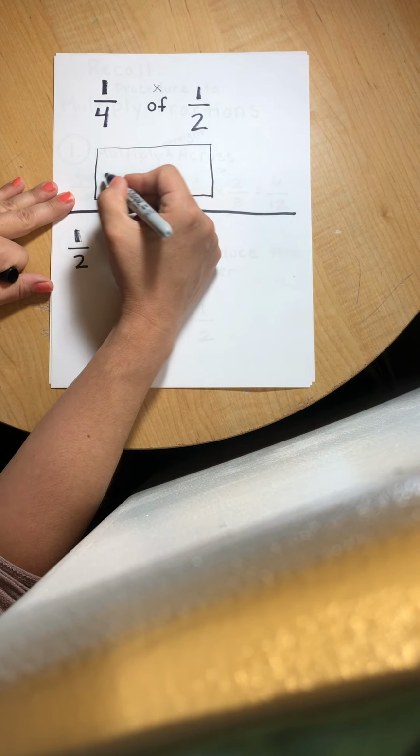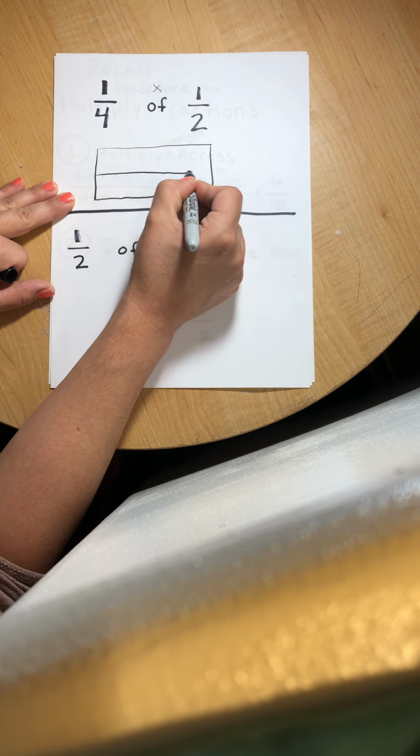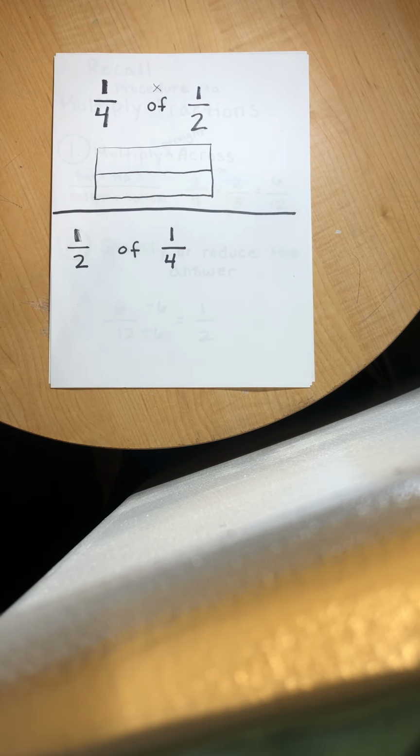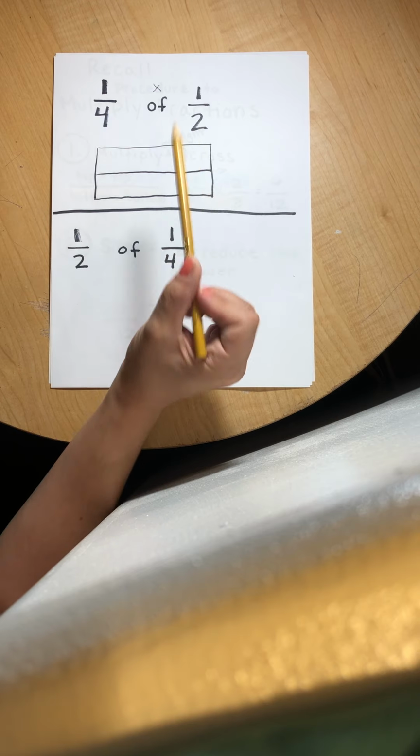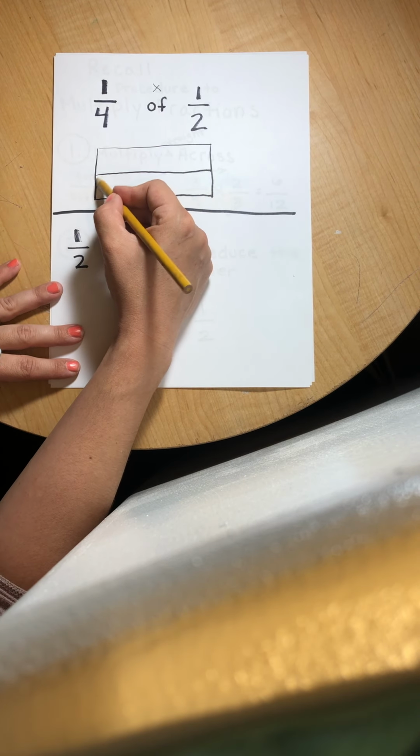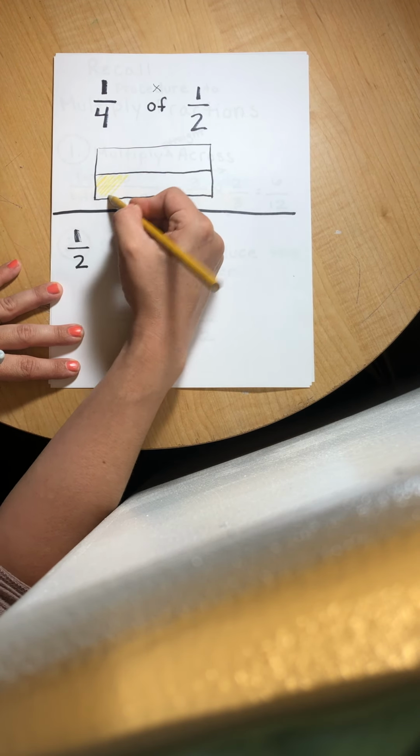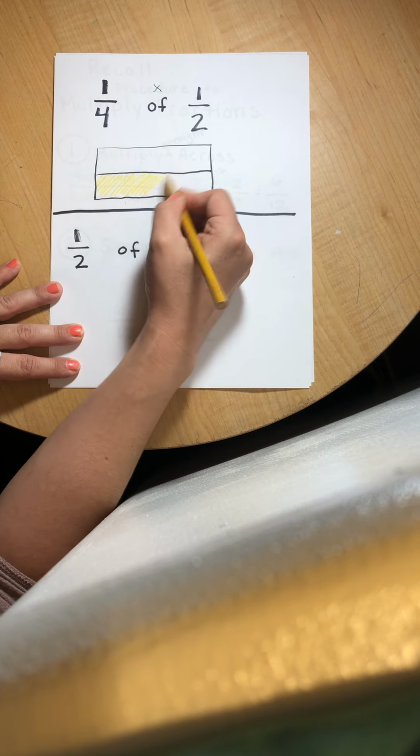So that's one whole. Now let's split it in half. And we want to represent only 1/2, so we're going to shade 1/2 using one of our colors.